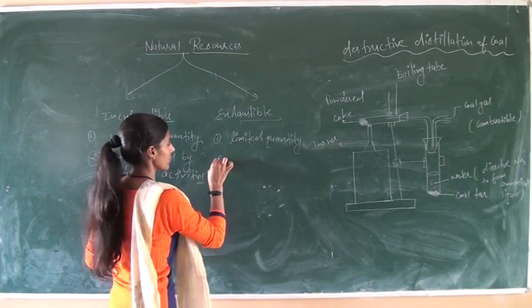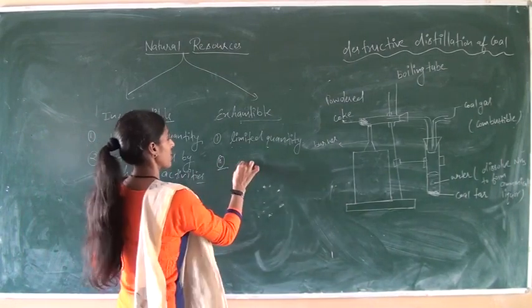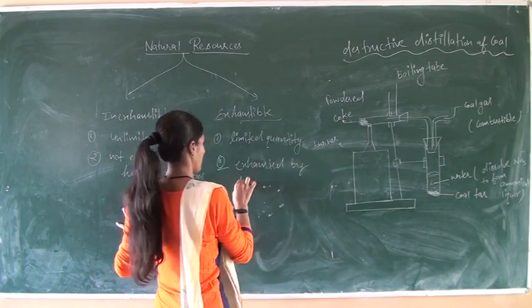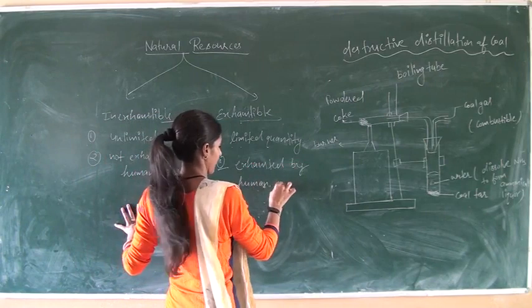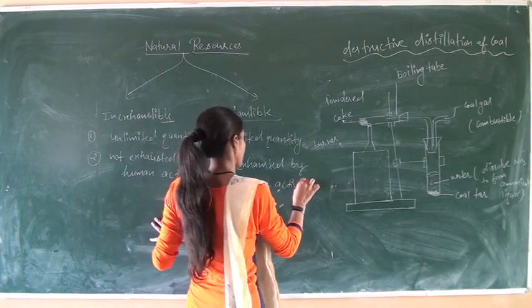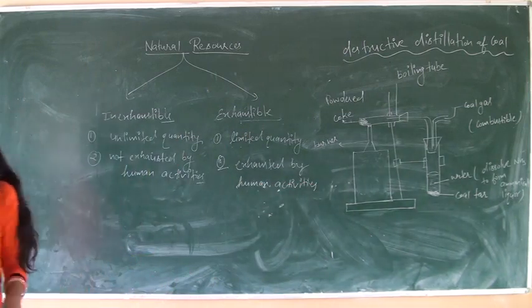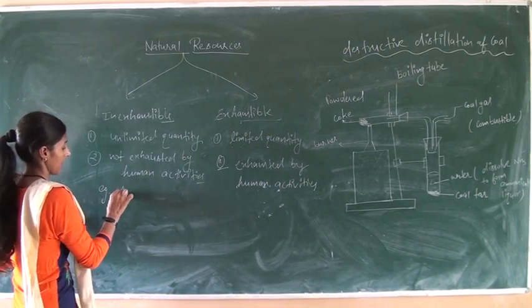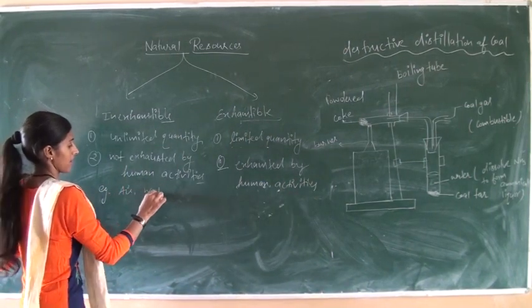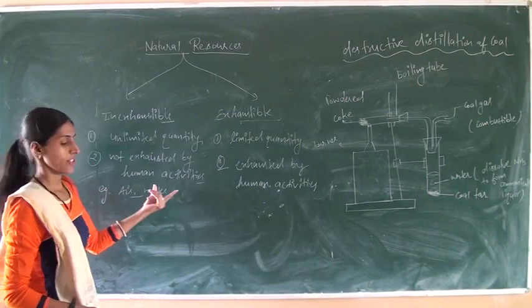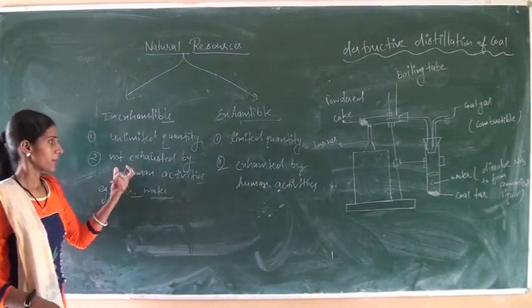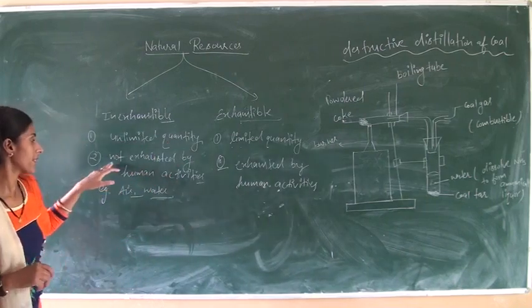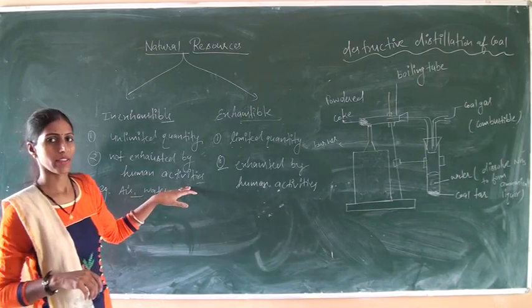But exhaustible natural resources are those resources which are exhausted by human activities. Okay, for example, air and water. These are inexhaustible natural resources, because they are present in our earth in unlimited quantities and not exhausted by human activities.